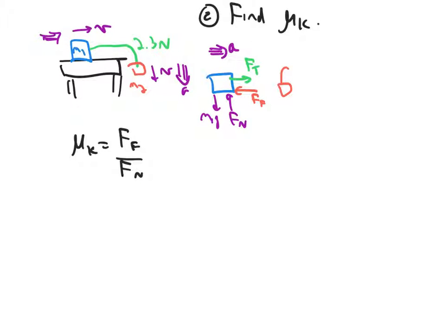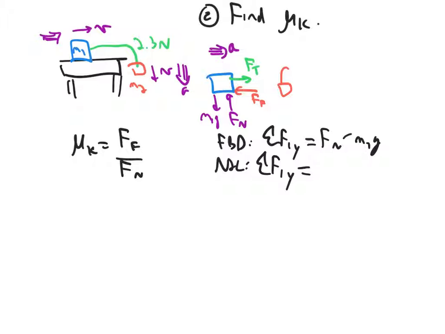To get the normal force, we use our free body diagram in the vertical direction, and we say the sum of the forces on 1 in the y direction is Fn minus m1g, but from Newton's second law, that equals m1 times a in the y direction, and it isn't accelerating in the y direction, so the whole thing is 0. That tells us that Fn minus m1g is 0, or Fn equals m1g.